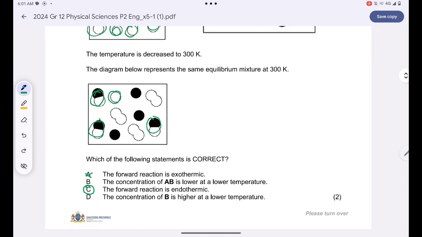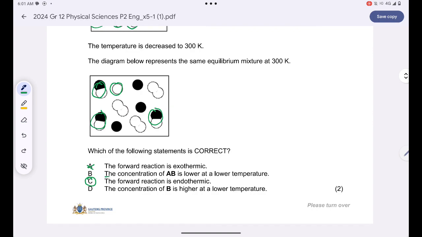Guys, we know that the concentration statement is true, but we wouldn't know how to quantify the amount of concentration since we're not given numerical values. So yes, it's true, but I cannot support it without using calculations. But this one is a known fact because I've seen that by decreasing temperature, I'm favoring the reverse reaction.